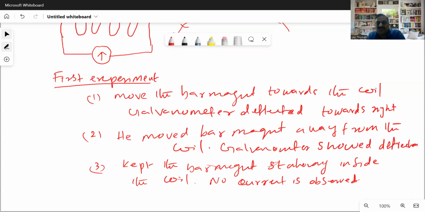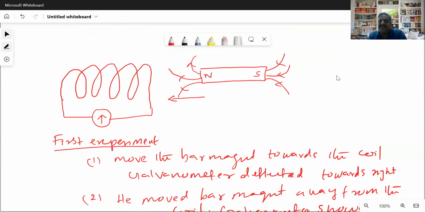So when there is relative motion between the coil and the bar magnet, current is induced. And what is happening when you are moving? When you move the bar magnet towards the coil, the magnetic field inside the coil increases, or the magnetic flux increases. The coil has an area, so there will be magnetic flux.